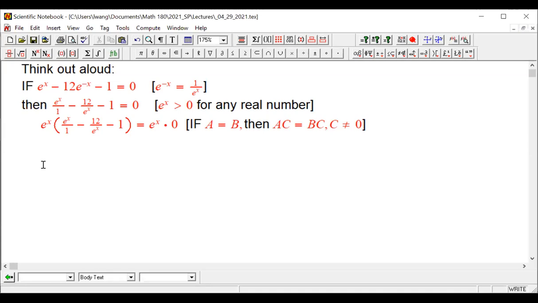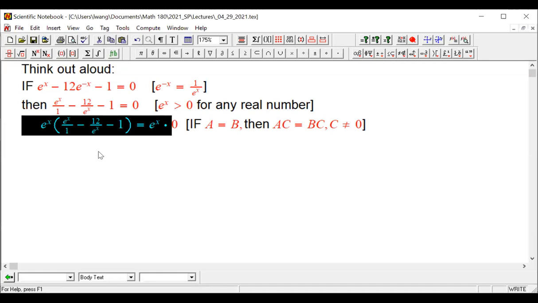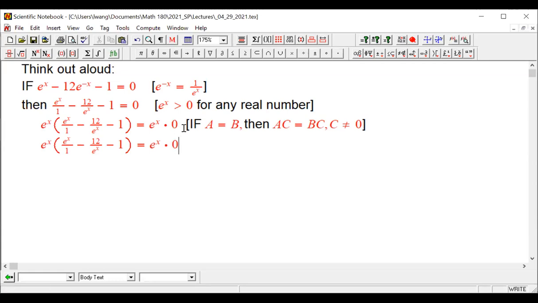Okay. And then what? Well, on the right-hand side, anything times 0 is still 0, isn't it? So this side is 0. And what's the left-hand side? You take e to the power x and multiply each term by it.